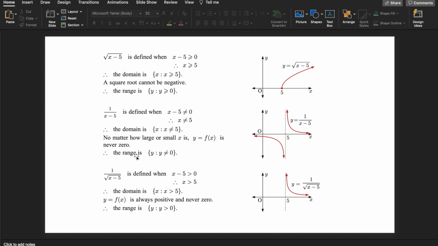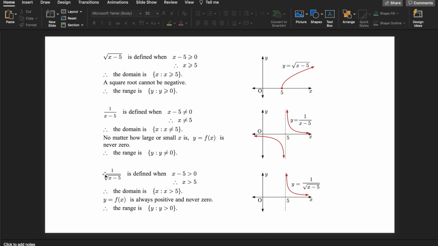So therefore the range is all real values of y except y equals 0. That's what it says. And this is the graph. As you can see, this is an asymptote. Basically this line is approached by this but never touches this line. It's infinitely close to this line, but the graph never cuts it or even touches it.